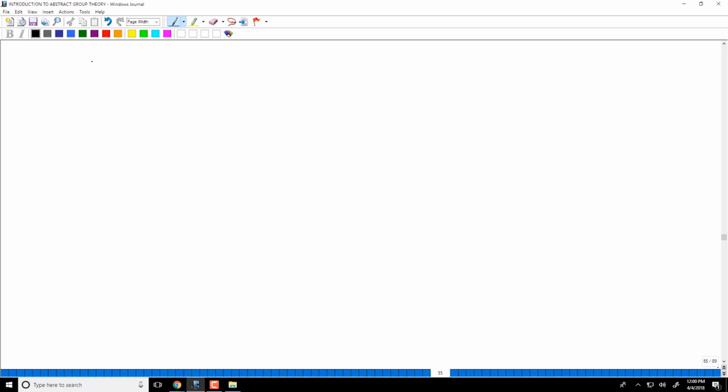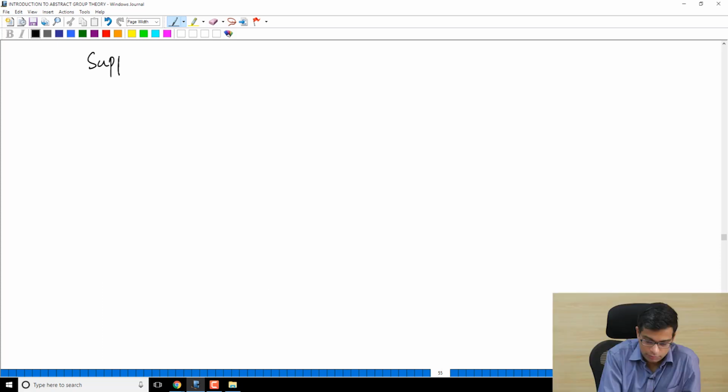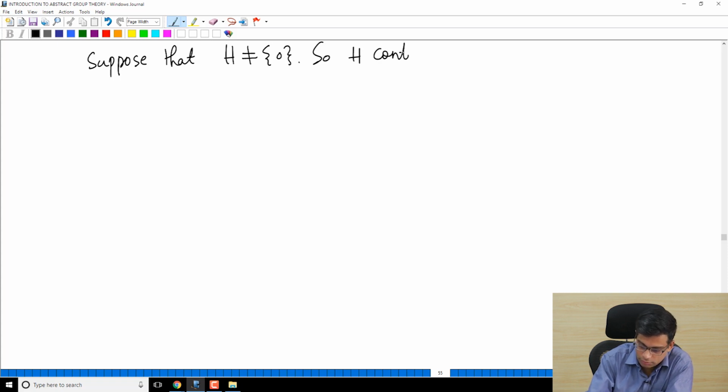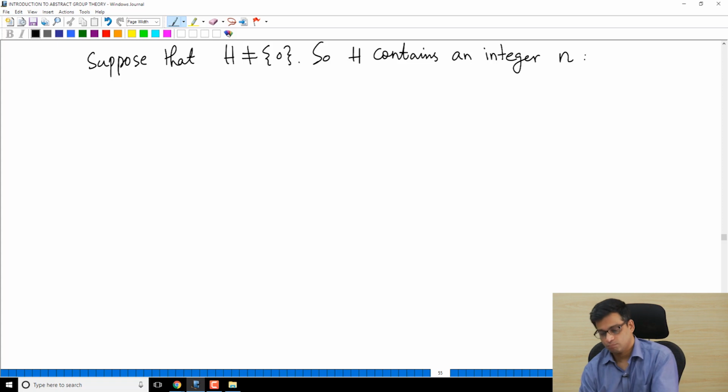Now, suppose that H is not just the 0 element. So, H contains an integer n, which is different from 0.